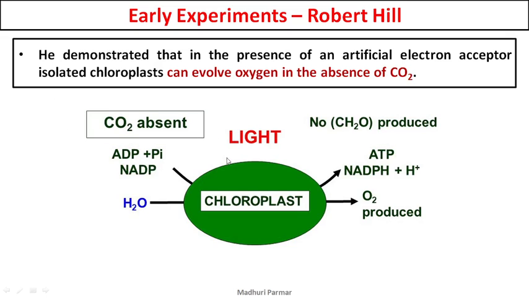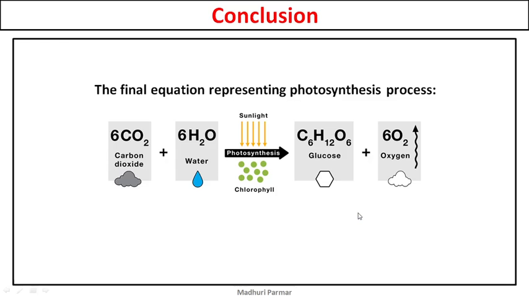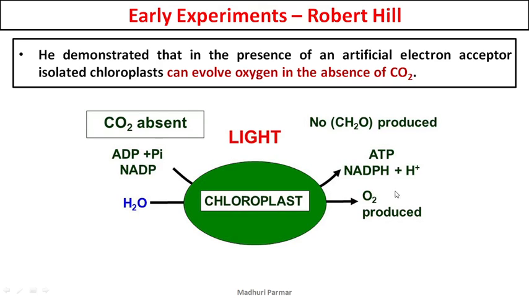This proved that isolated chloroplasts, in presence of any artificial electron acceptor, something which will just accept the electrons, can evolve oxygen in absence of carbon dioxide. So here we prove the same point, that from water we are getting oxygen, not from carbon dioxide.